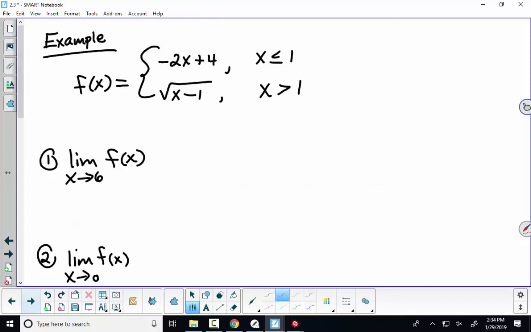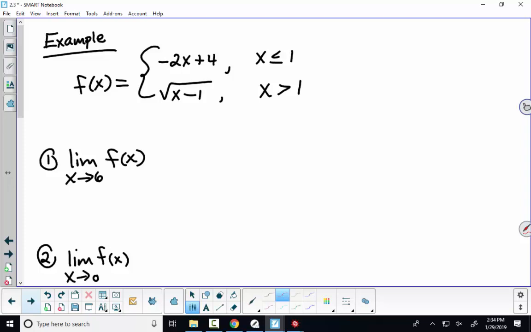The last thing we're going to look at in 2.3 is techniques for computing limits on piecewise defined functions. So we've got the following function, and we're going to compute some of these limits here. The limit of this function as x approaches 6, what would that equal? Or how are we computing that?